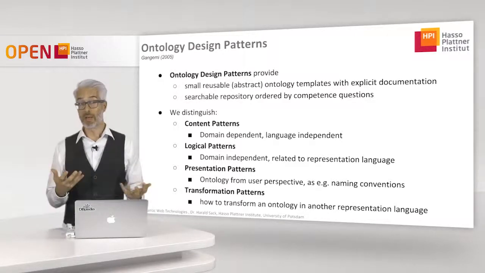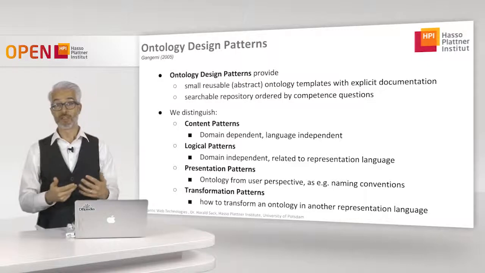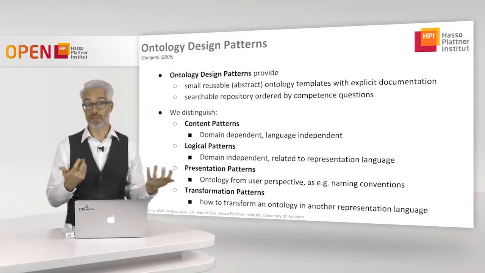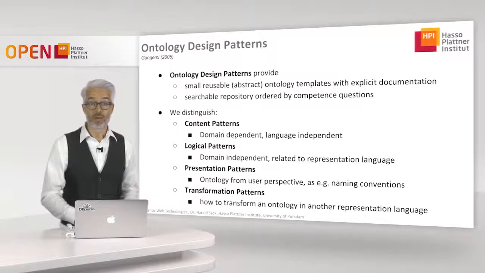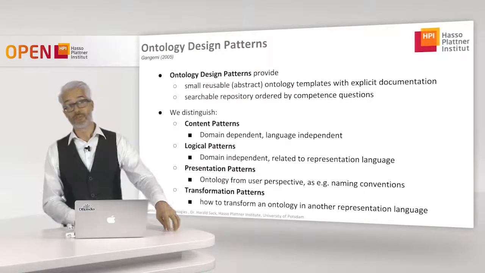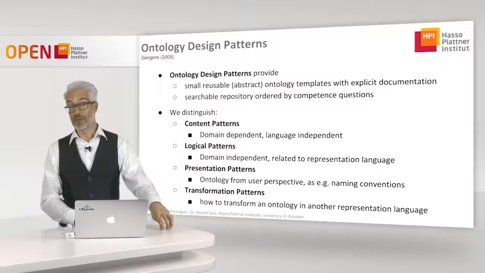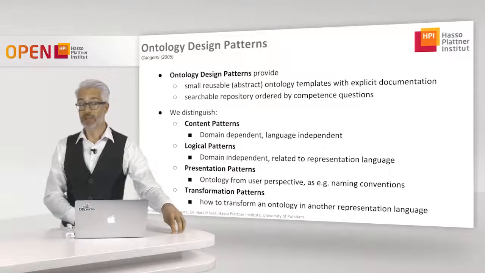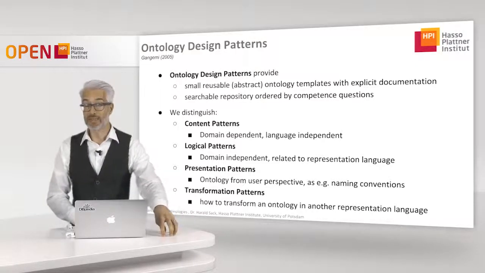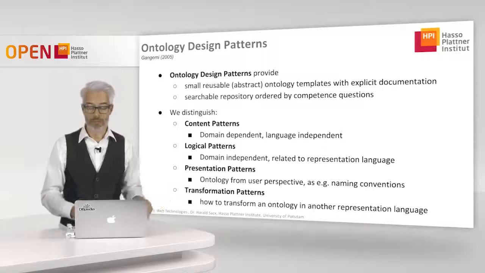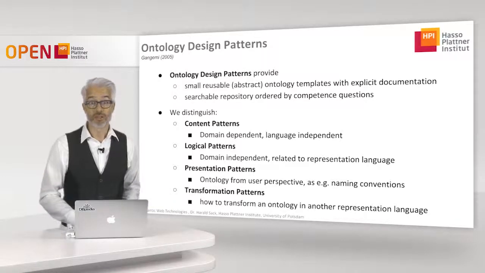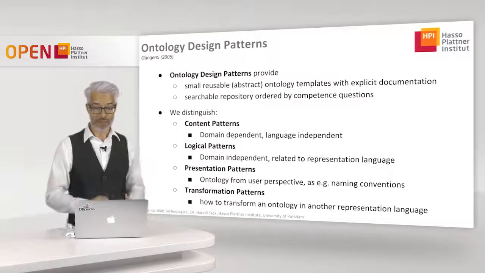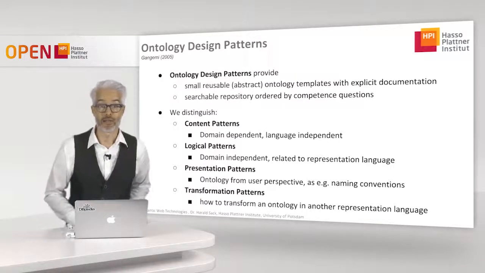So you have a specific basic problem, and you have to match it to some kind of ontology questions or competence questions which should be answered with that small ontology. And this is the kind of mapping you are looking for. So if you have the same question to solve in mind, you can simply look it up in a repository, which again maps this question to some basic templates that you can use for building your ontology. So that's the foundational thought and design principle of exactly that methodology.